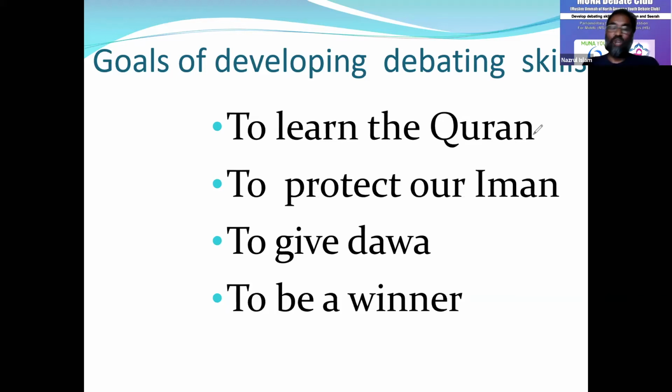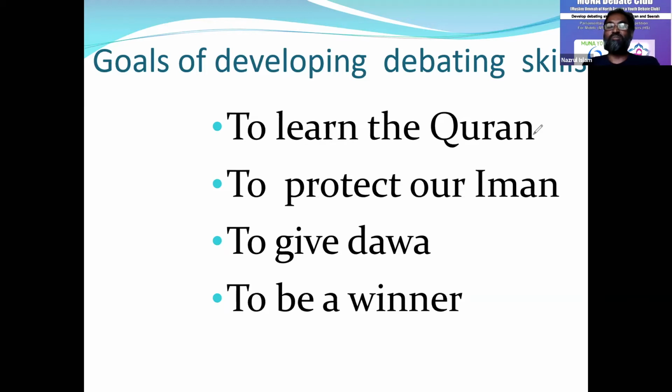Okay, so what I'm saying, I know there are many other benefits. We need to have these skills of debating because of four things. One, to learn Quran, how Allah subhanahu wa ta'ala constructed the architecture of the Quran. I gave you two examples.